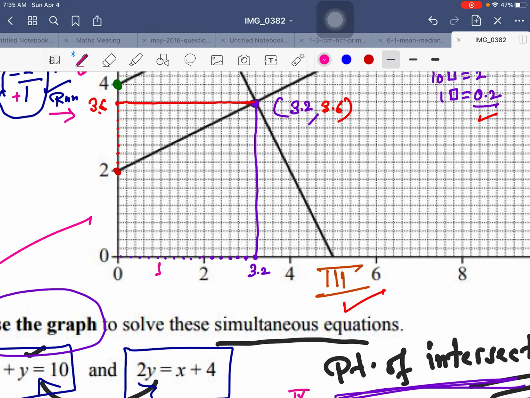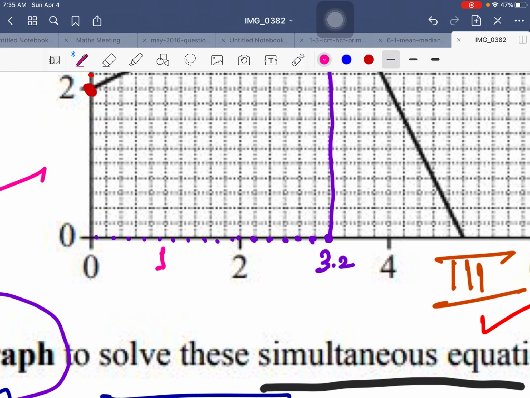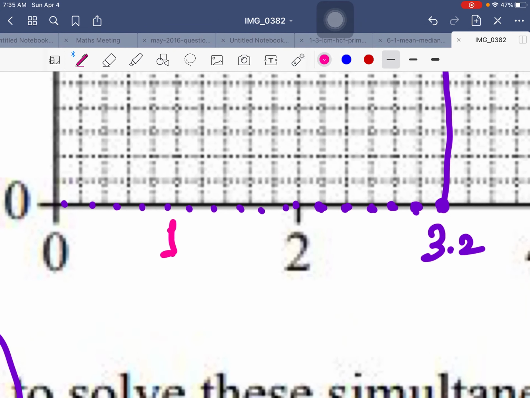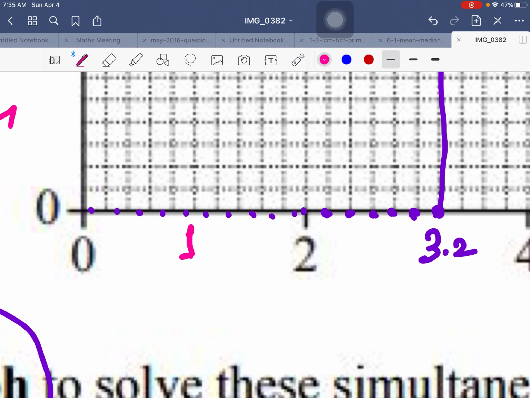Clear. So this is 1. 1 is on the halfway. Again, I count with you slowly. This is 0, 0.2, 0.4, 0.6, 0.8, and this is 1.0.